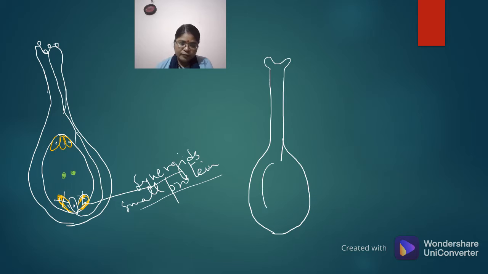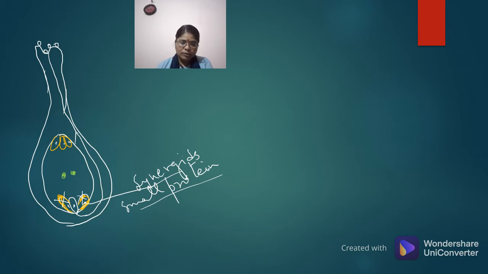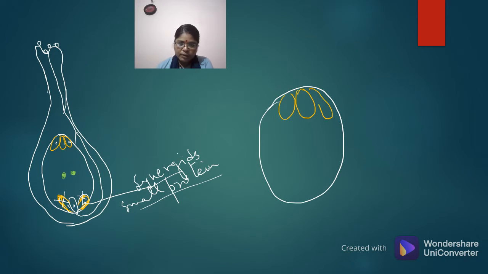This is your embryo sac. I have to highlight them, therefore I am doing it for you. These are your antipodal cells, three antipodal cells.